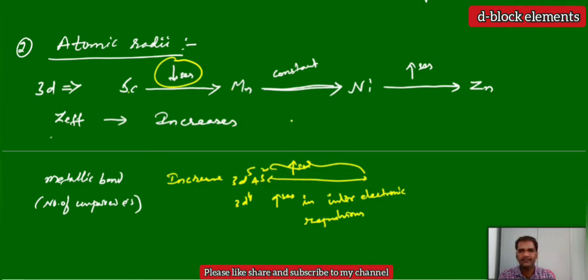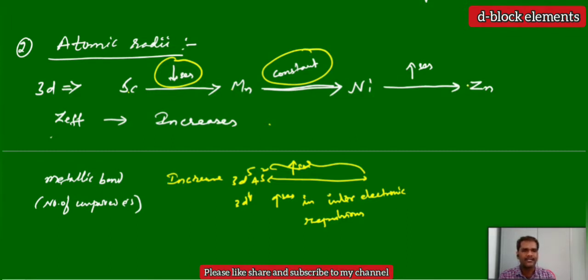Z effective supports decreasing metallic radii, and the electron repulsions support increasing the metallic radii. So, here both forces are almost equal. So, they will be mutually cancelled out. Effective nuclear charge and inter-electronic repulsions mutually cancel out. So, you can see almost constant radii between manganese to nickel.